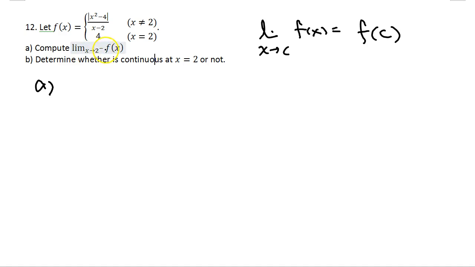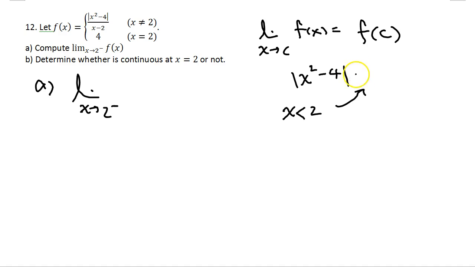Compute the limit x going to 2 minus of f of x. We had a few similar questions, so you probably recognize this. x squared minus 4. If x is slightly less than 2, then this will be negative, right? Therefore, what would this evaluate to?